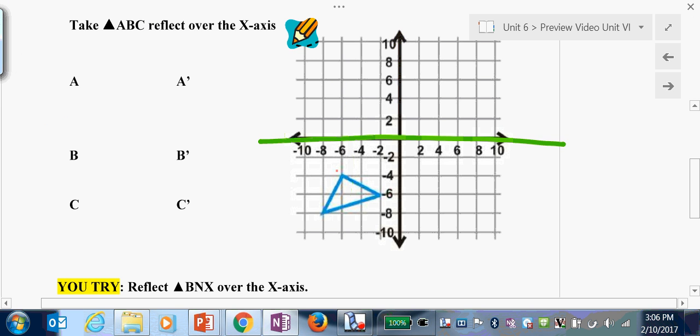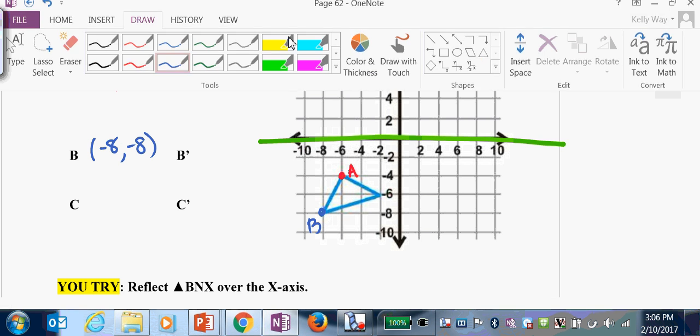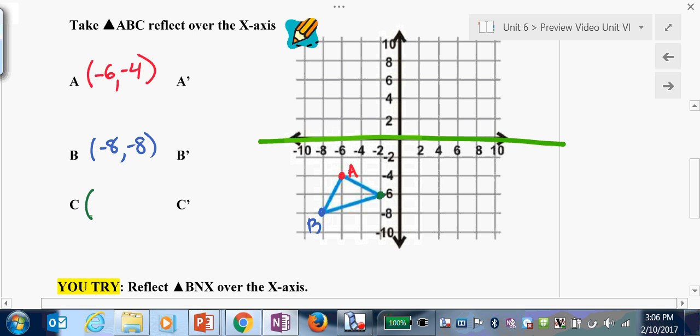Let's get our 3 points here. We're going to make that A. We're going to make this B. Make this C. And we're going to flip this over the x-axis once again. So we're going that direction. So all of these, to flip over the x, you opposite the y coordinates.